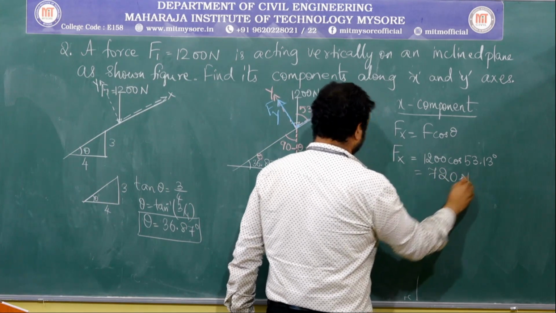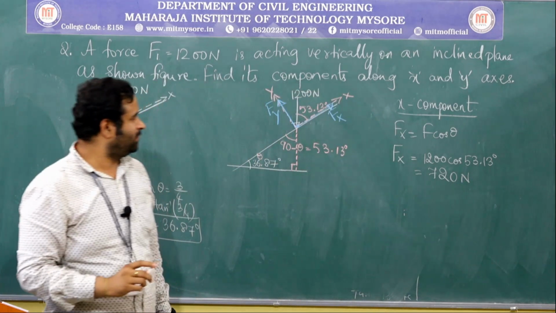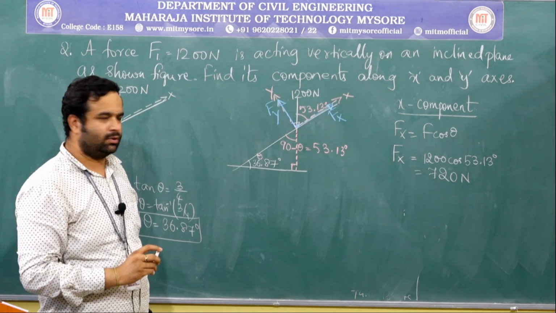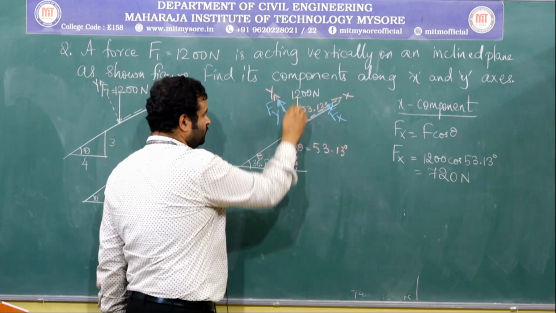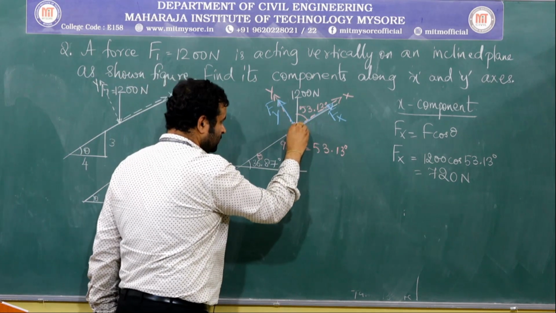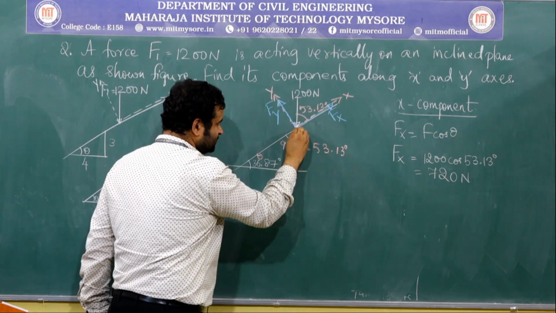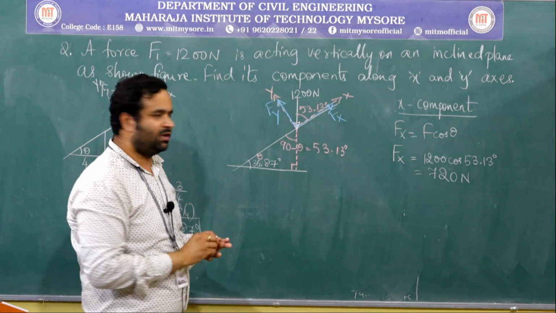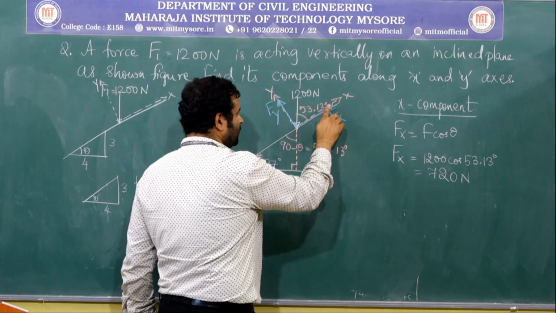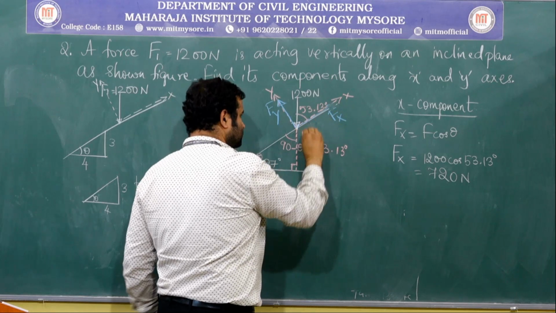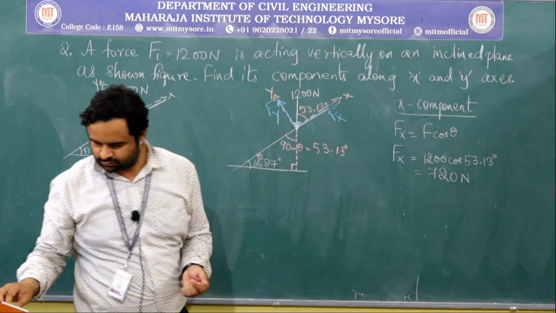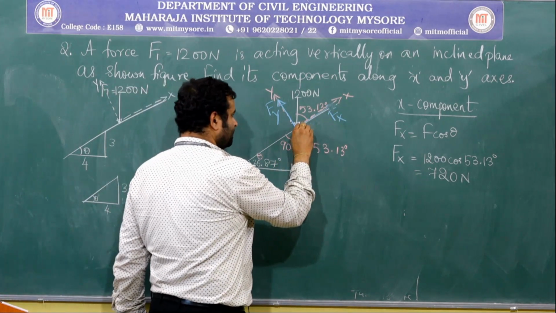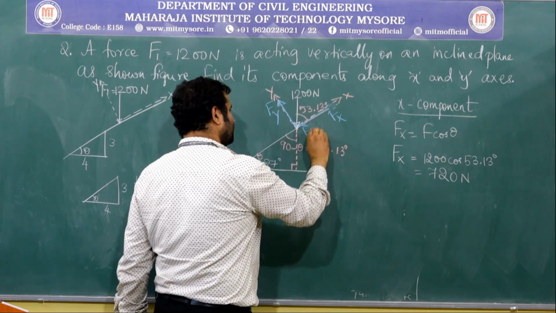720 Newton. I hope we have written the arrow in a wrong direction. Since the force 1200 is acting towards this point, we also need to write the arrowhead of fx towards the same point. So, this is fx.